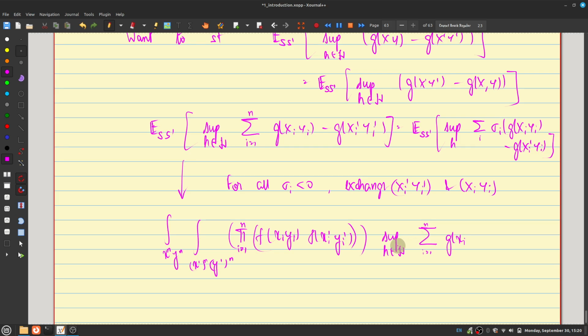For a given sample, the quantity inside the brackets is a random variable. It's basically a function of two n random variables; there are n xi yi's and n xi prime yi primes.